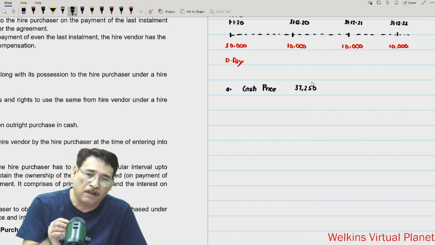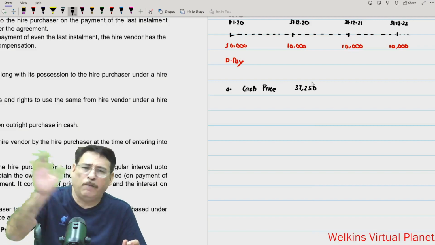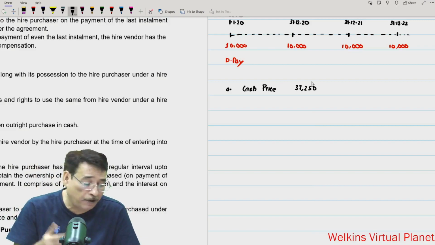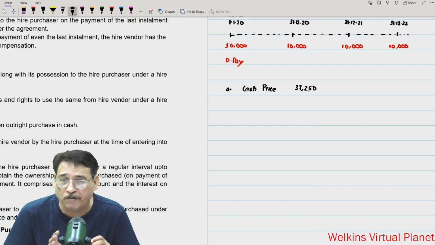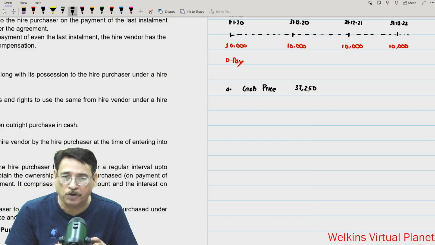Suppose if the purchaser would have bought the asset by paying full amount at the time of purchase itself, then he would have had to pay 37,250. Are you getting my point or not? Who is the purchaser in this case? WTC Limited is the purchaser.